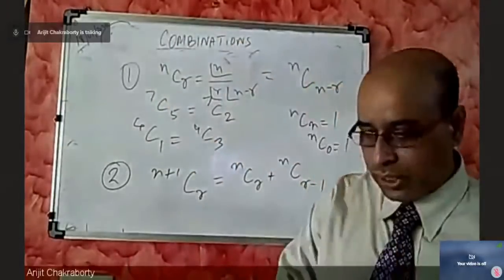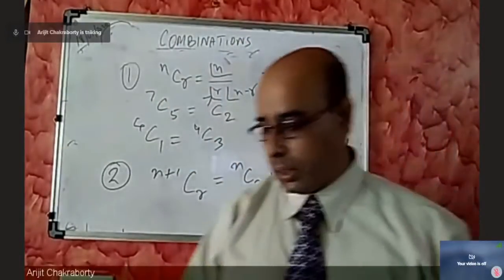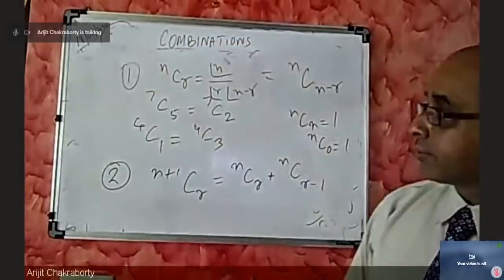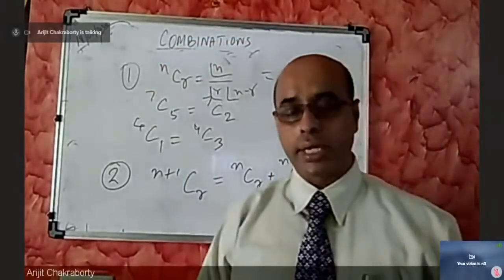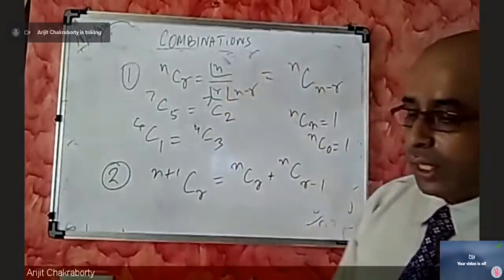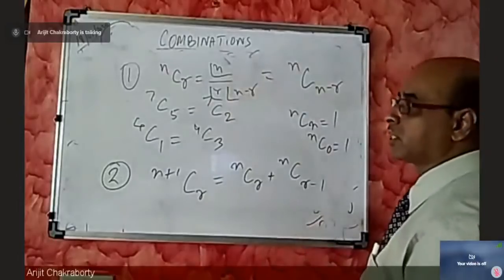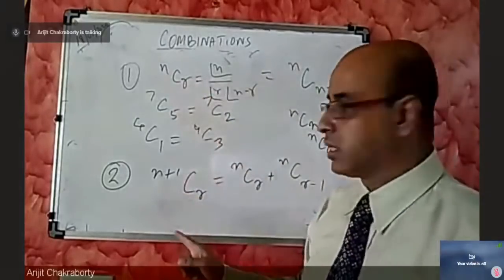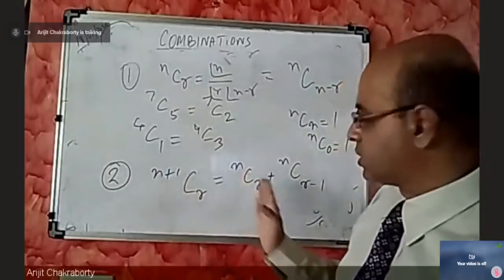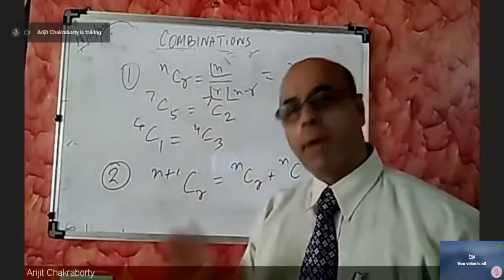Okay, so now we go to some more problems. I am taking one of them from the model test paper, important for your exams. So these 2 formulas, please keep a note of them. You need to remember, N plus 1 CR is equal to NCR plus NC(R minus 1).